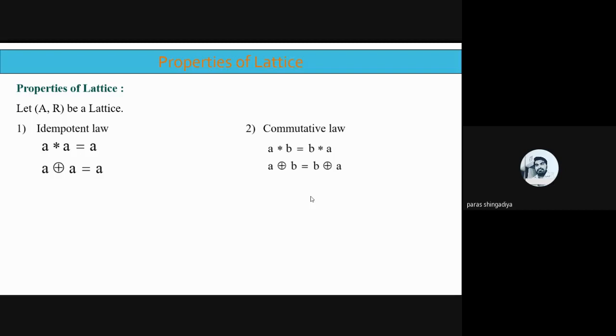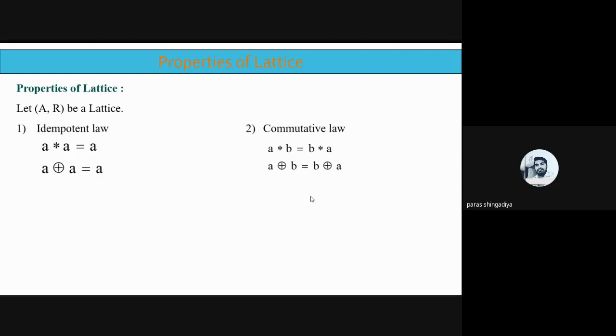Lattice as a poset uses the GLB and LUB case, but the second definition is lattice as an algebraic system. To define an algebraic system, we require the algebraic properties. These are the 4 properties, the 4 laws, which we will use to define this definition.